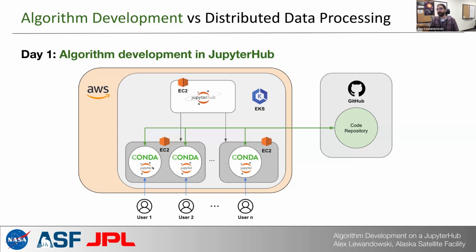In the past, for OpenSARLab, we have used shared nodes. A lot of JupyterHubs use shared nodes as a means of saving costs, and also because a new node takes a while to start. If you have a shared node and one user's already on there, and then another user comes along, the second user doesn't have to wait for that to start up.